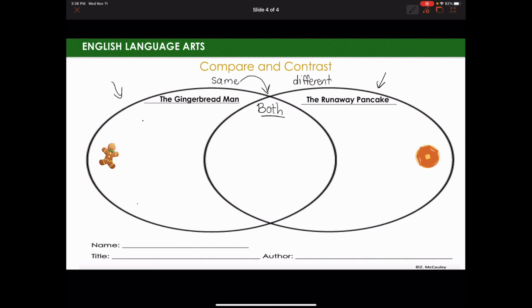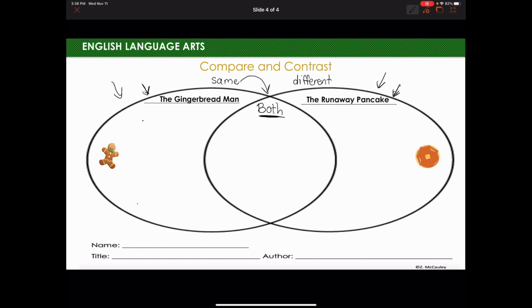This middle circle right here will describe both stories, what they have in common. And if we want to tell how they are different, then we will write whatever applies to the runaway pancake by itself on this side, and whatever applies to the gingerbread man on this side. All right, so here we go.